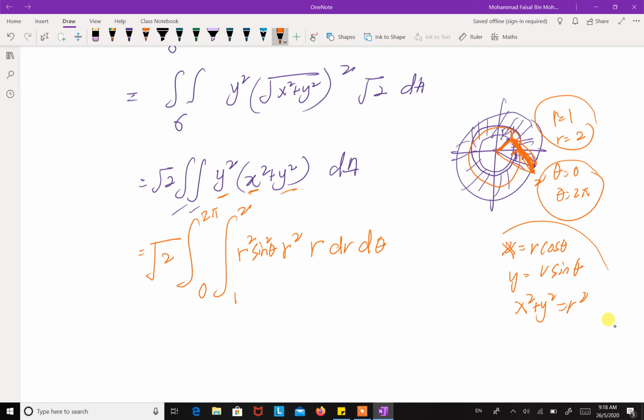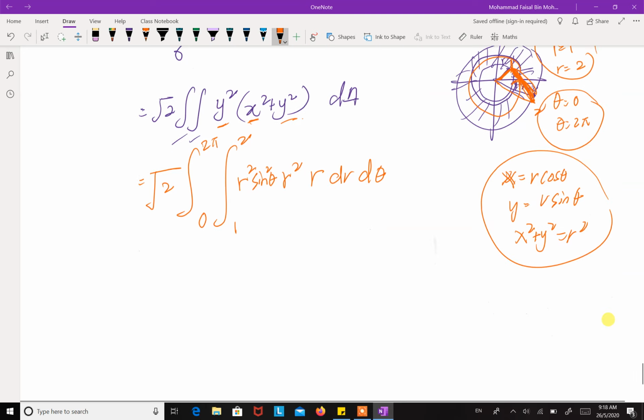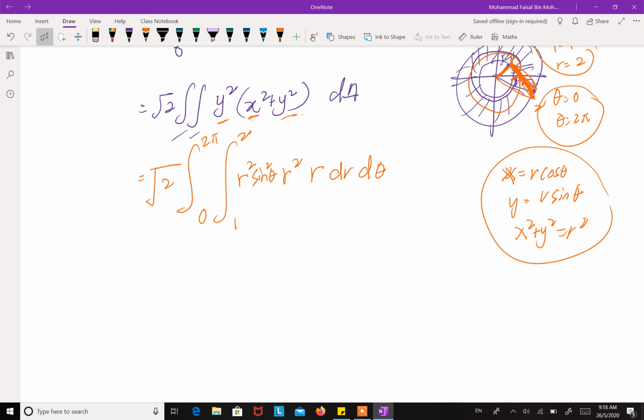Remember this. Try to do it by yourself because you have learned it in chapter 3, and then you will get 21 square root 2 over 2 pi. So this is your surface integral.